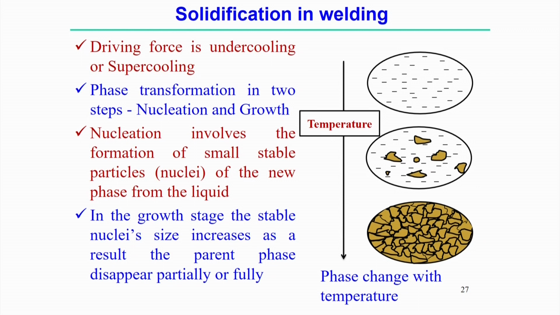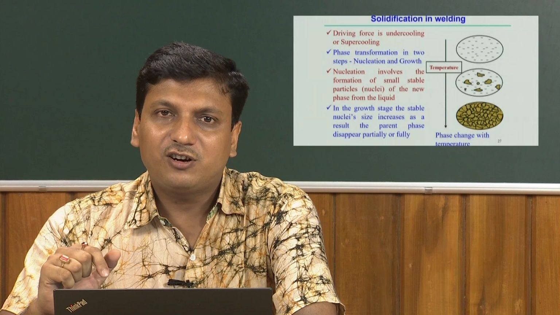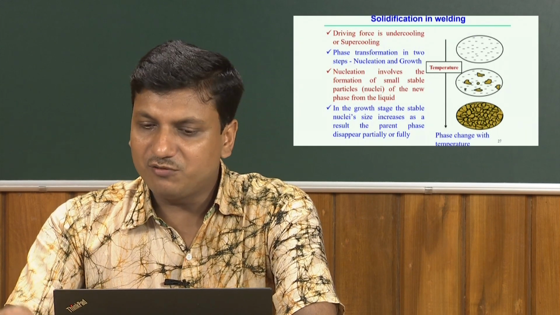In this case the solidification mainly happens in two phases. First is nucleation, and then subsequently growth. Nucleation basically involves the formation of small stable particles, called nuclei, of the new phase from the liquid.